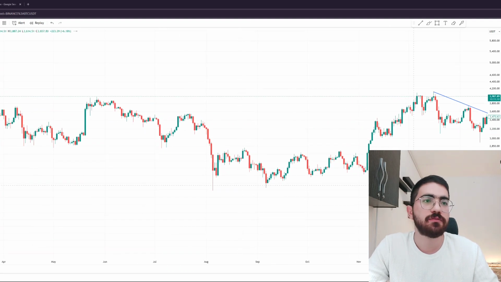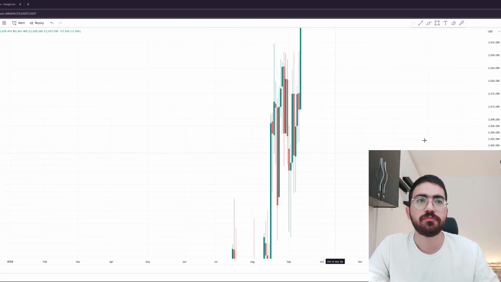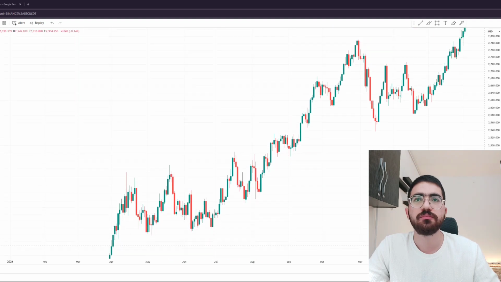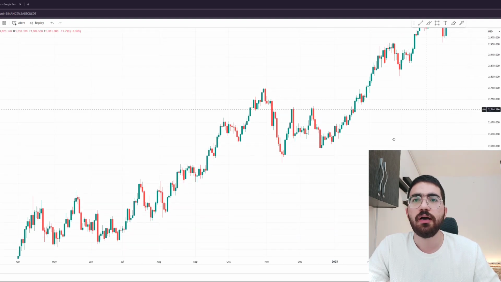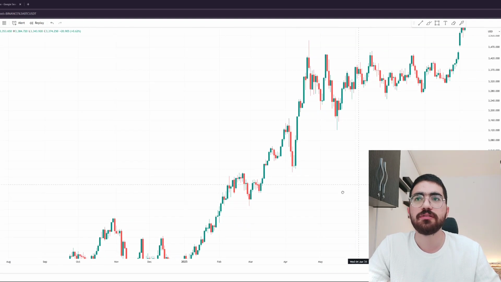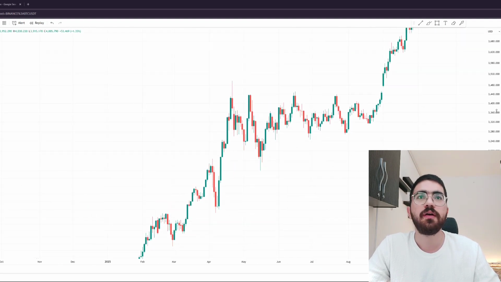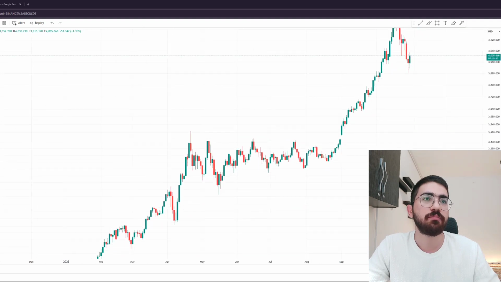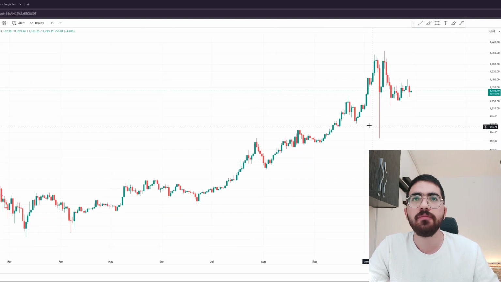Okay, let's find more examples. For example, on gold. Here we got an important pin bar. After this bearish movement we have a pin bar and the market reverses and starts its upward price movement. Okay, let's see some more pin bars on, for example, BNB.